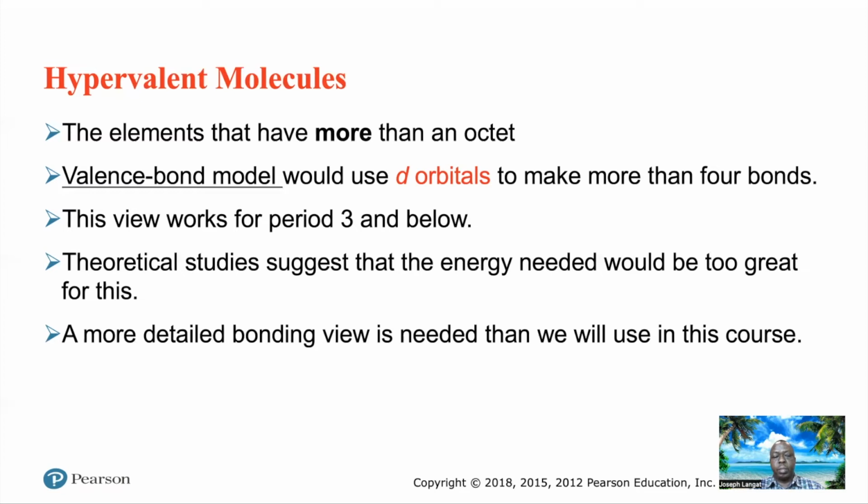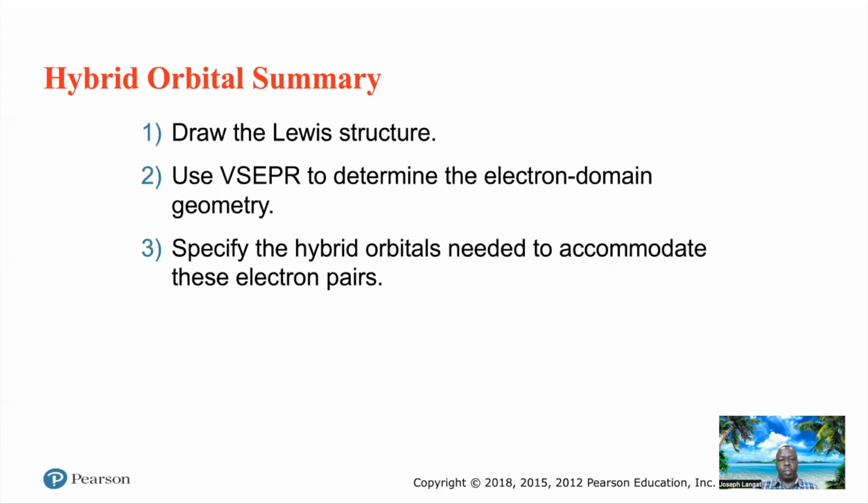Hypervalent molecules are those with the central atom on the third row of the periodic table and below. We will not look in detail into those, but limit ourselves to row 2 to see how hybridization is done in such a way that you generate degenerate orbitals.